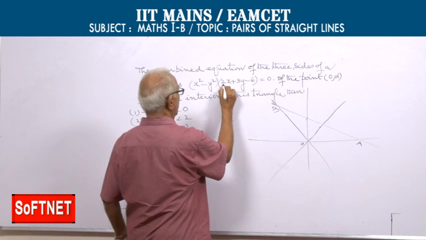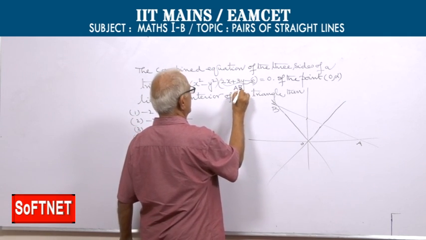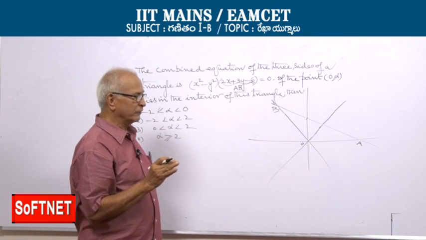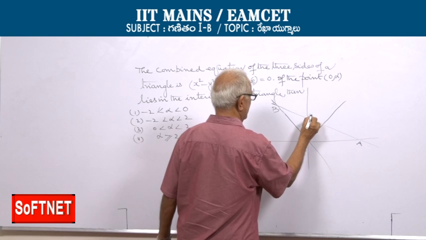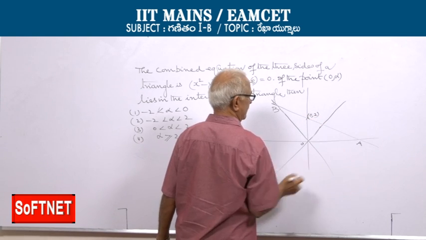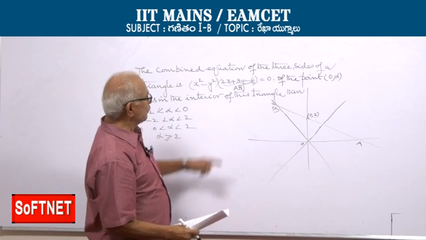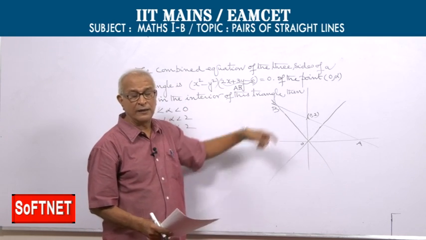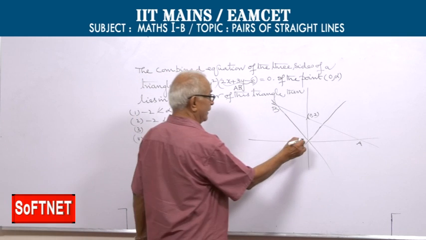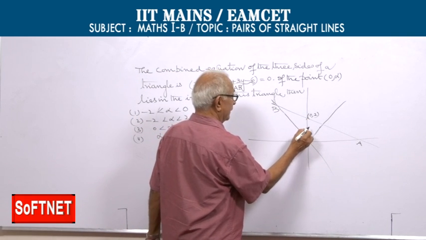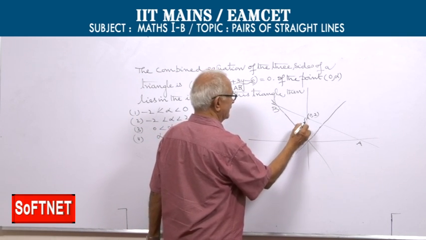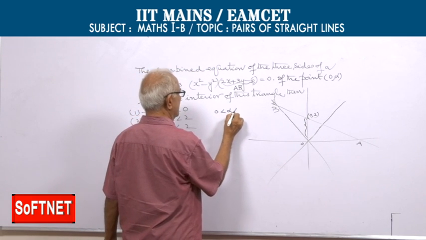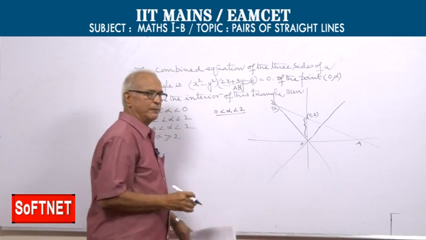The third side is AB. Follow? And this has intercepts: x-intercept is 3, y-intercept is 2. So this is (0, 2). So (0, alpha) means a point on the y-axis. This lies completely within the triangle if and only if alpha is between 0 and 2 only. So anywhere between this is the range of alpha. So alpha clearly lies between 0 and 2. This year's EAMCET paper of Telangana.